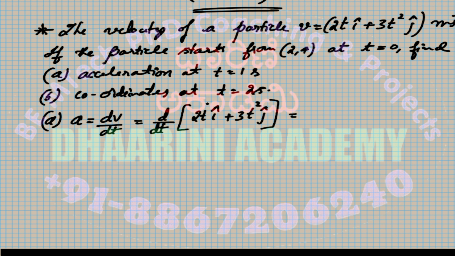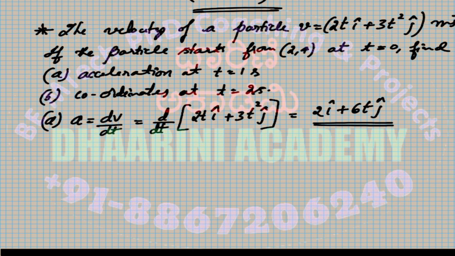So i and j cannot be integrated or differentiated. They will remain as they are, but the remaining terms you can differentiate or integrate. So differentiation of 2t is 2, so 2 into i cap, and the 3t square can be differentiated to get 6t into j cap.